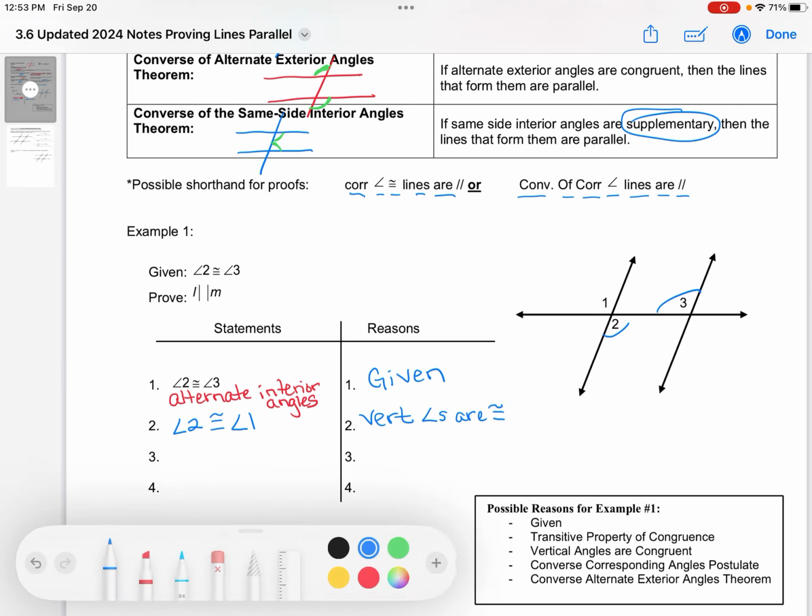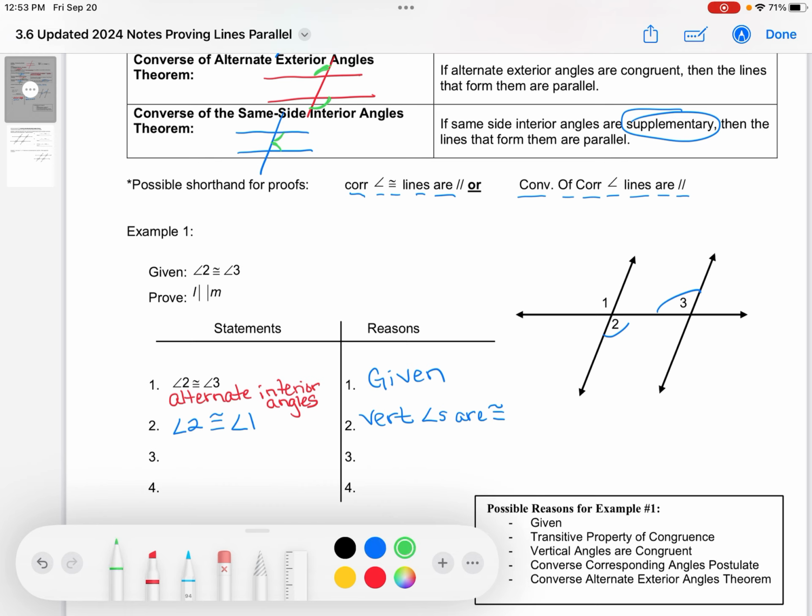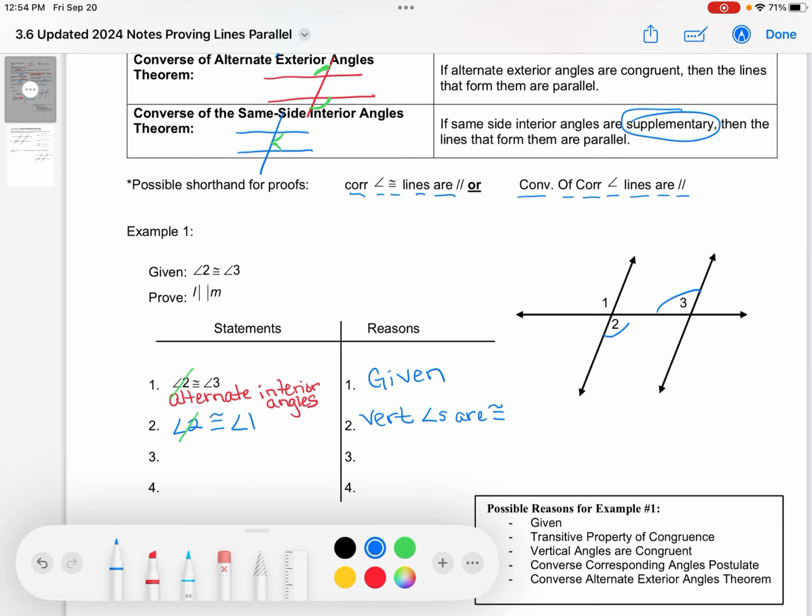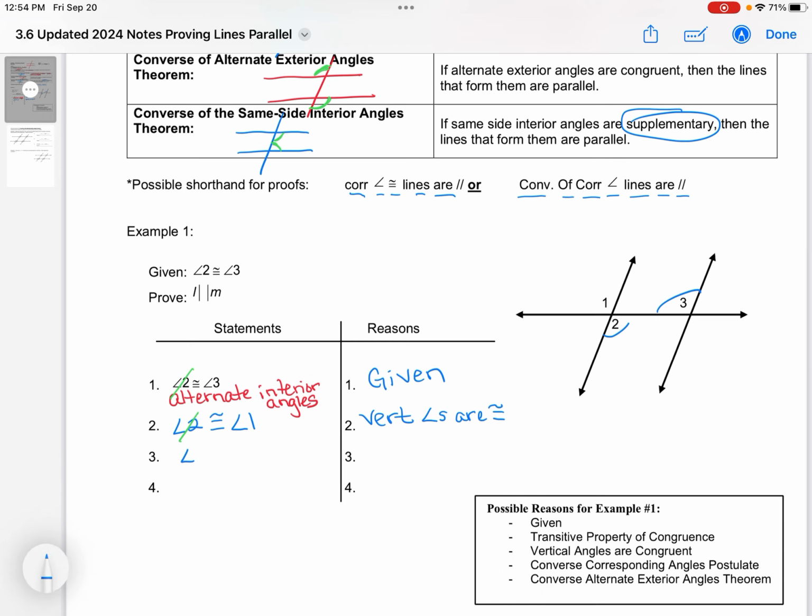Then angle 3 is congruent to angle 1, and that is the transitive property.